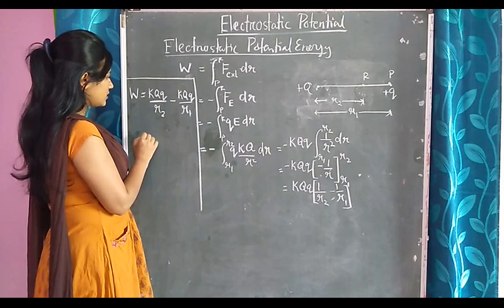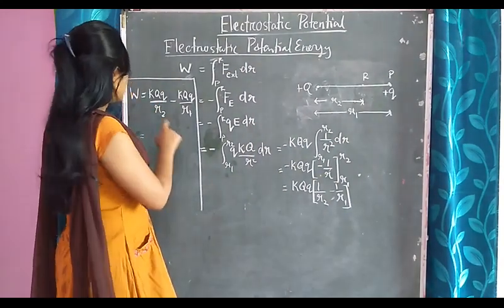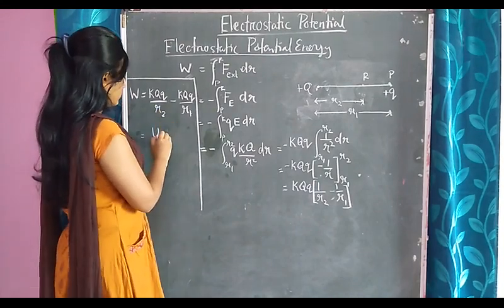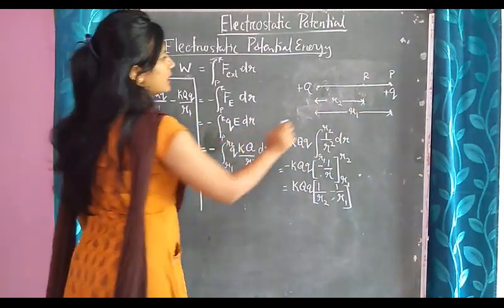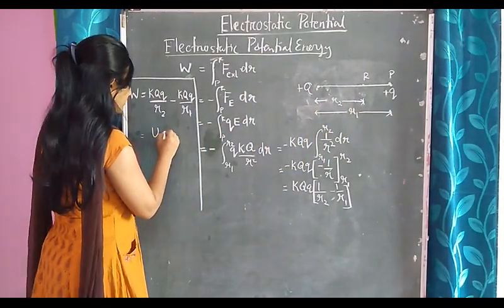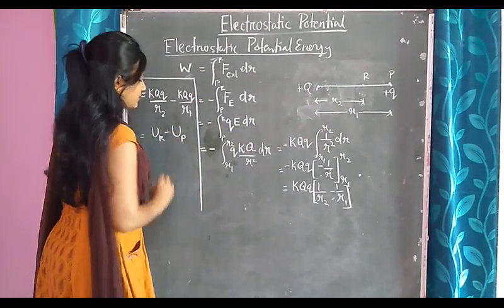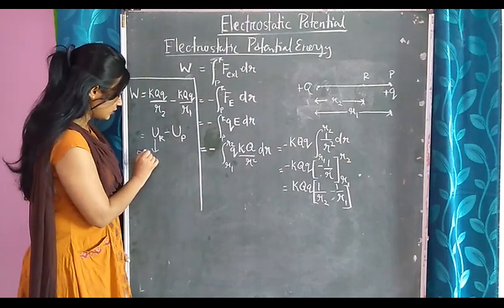So what is this KQQ by R2? This term I will write as U, for potential energy at R minus potential energy at P. So this term is our potential.